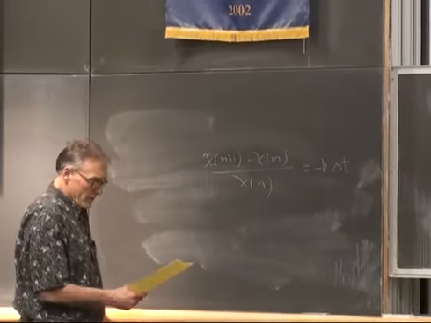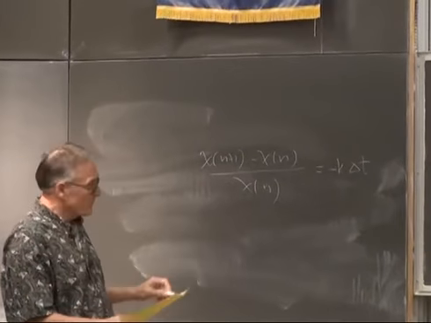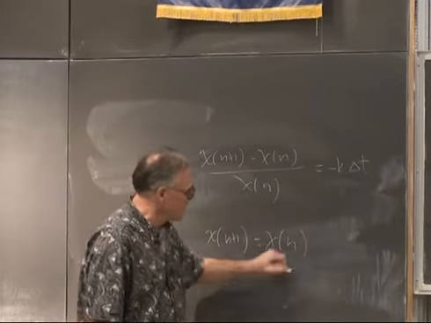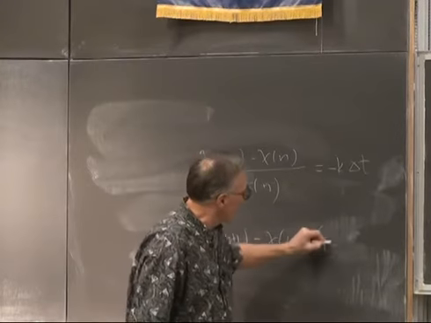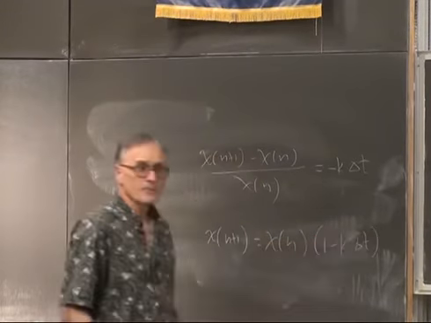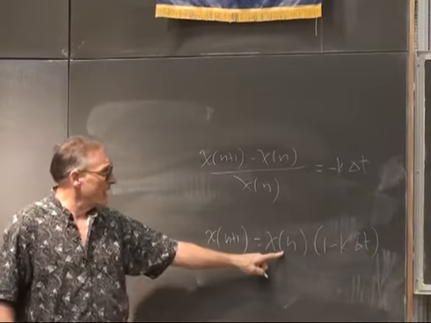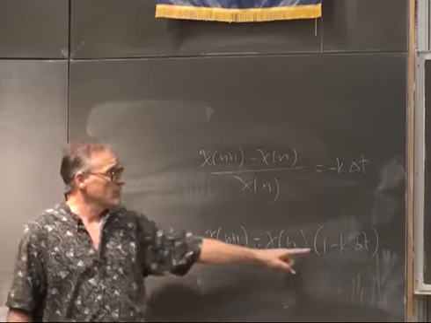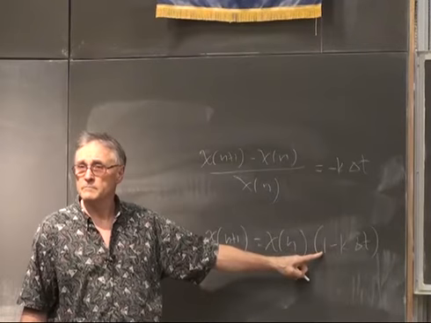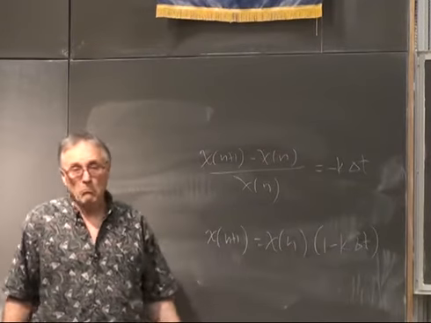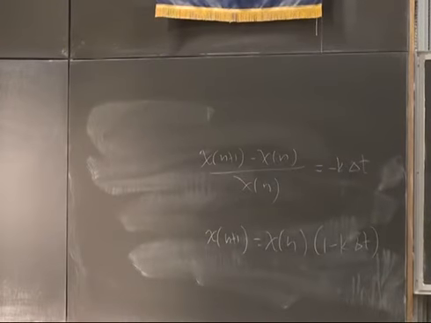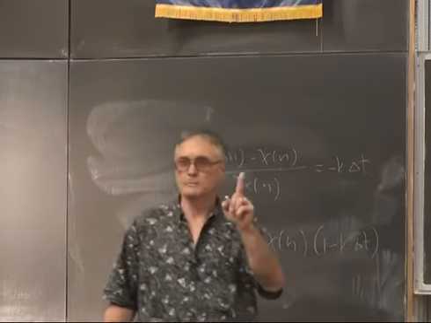And we can rearrange it further to say that x(n+1) is equal to x(n) times (1 minus k delta t). So in other words, if we know x(n), all we have to do to get the next time step of the amplitude is to multiply by a constant less than 1. So the exponential calculation for either fall or rise then is reduced to 1 multiply.